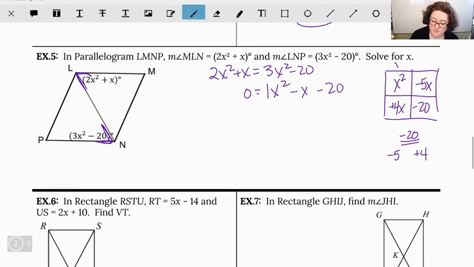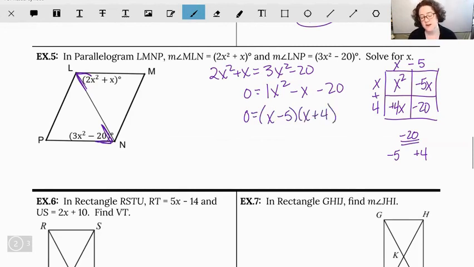So our factors will come out to a common x from the first row, a common negative 5 from the first column and second column. First row, we just have an x in common. Second row, we have a 4 in common. The negative was already taken out, so that's my positive factor. So 0 equals x minus 5 and x plus 4. So then set each factor equal to 0.